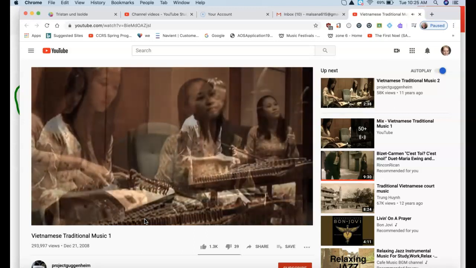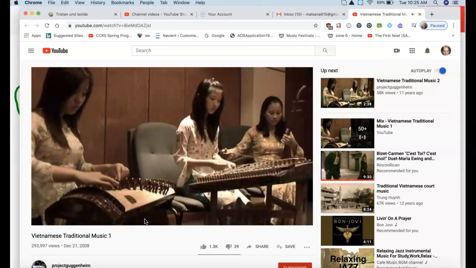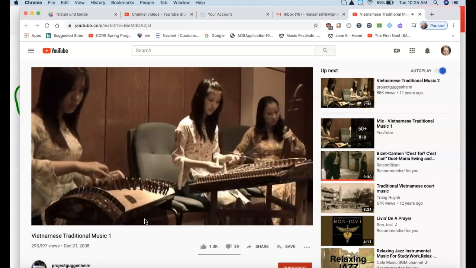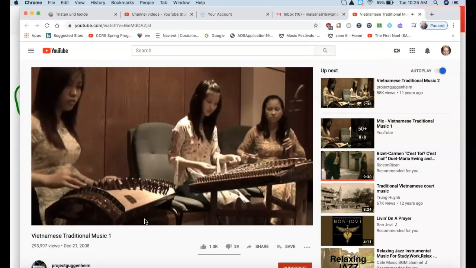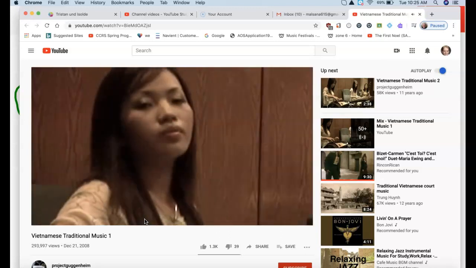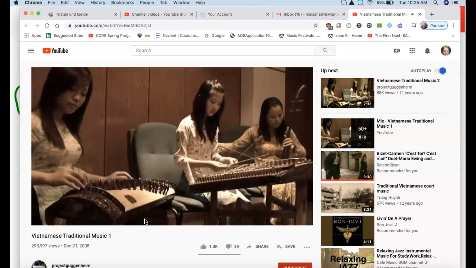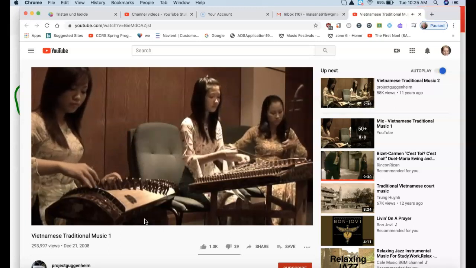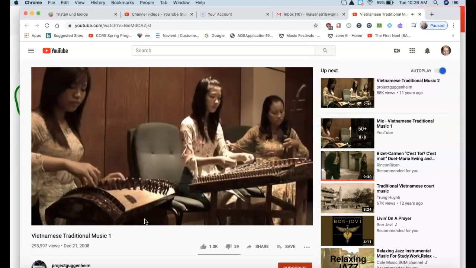Notice the smooth way they kind of glide across their instruments. Listen to the different use of chords. The use of expression.